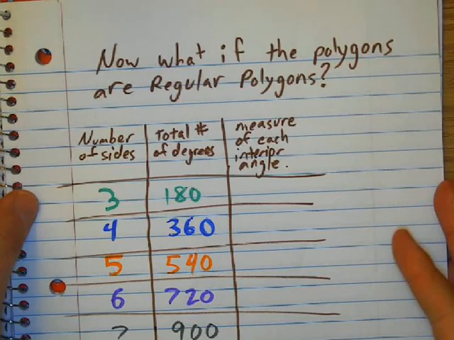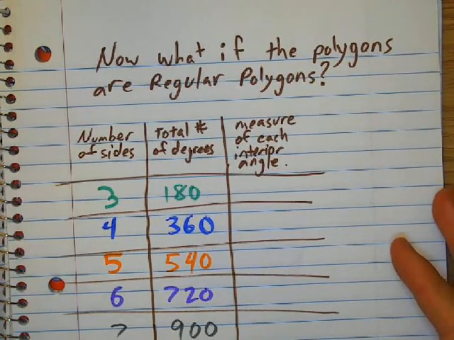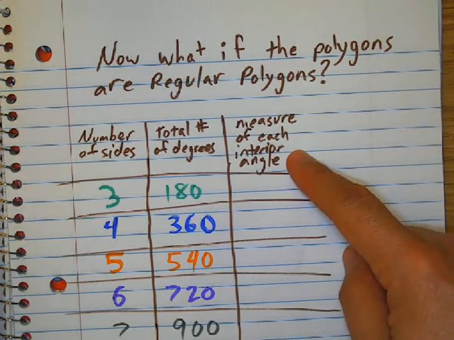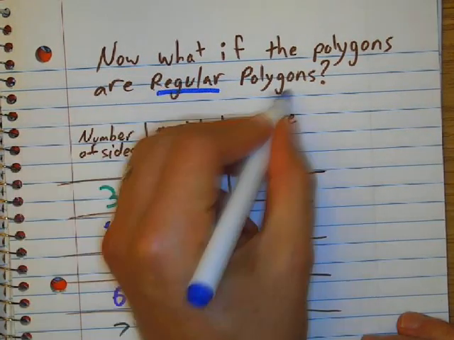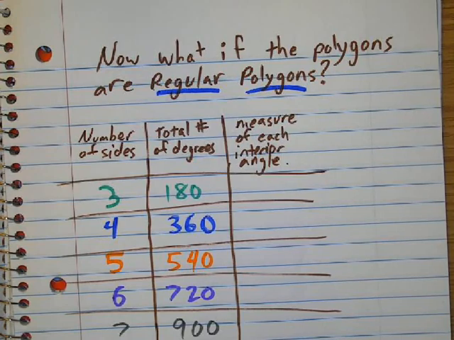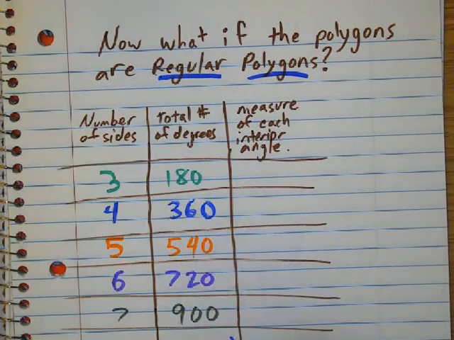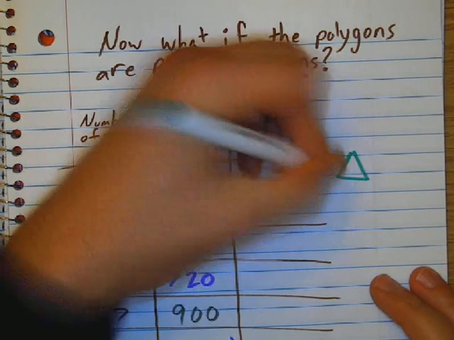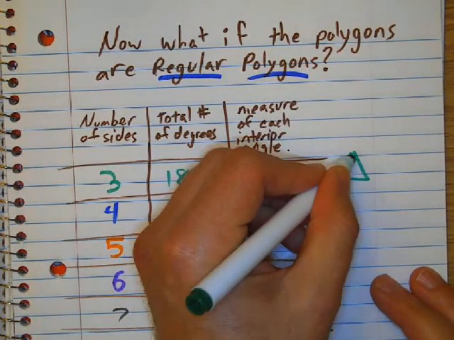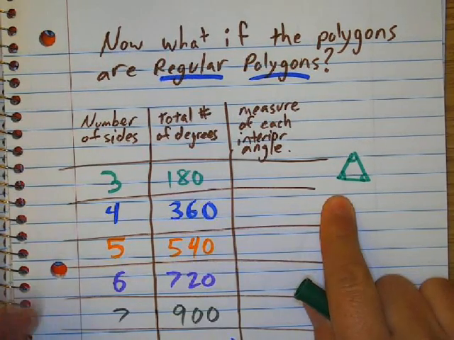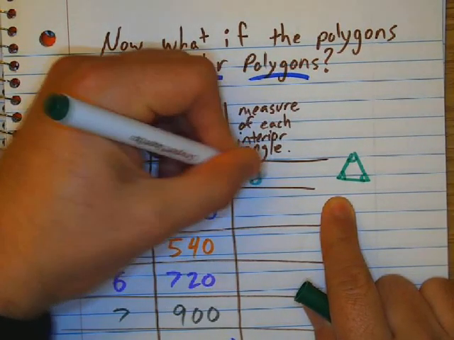Now, what if it's a regular polygon? What's the measurement of a single interior angle if it's regular? Regular means all the sides are the same length. If I've got an equilateral triangle, these angles are all the same, so 180 divided by 3 is going to give me 60, right?